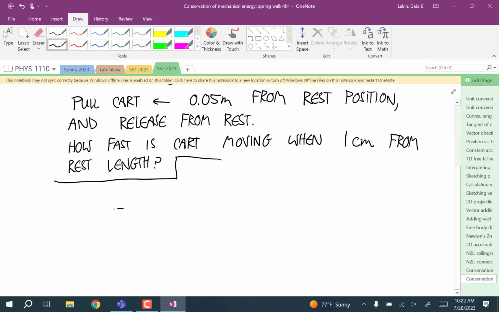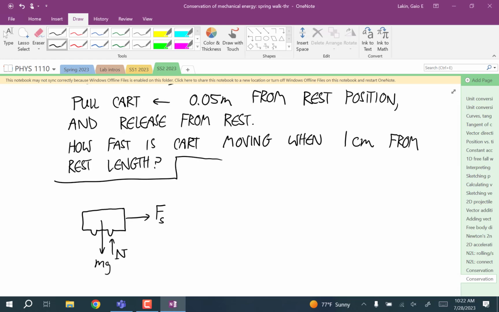If you think of a free body diagram, you have the spring force, you have the weight force, and you have the normal force. And those are all in that category.